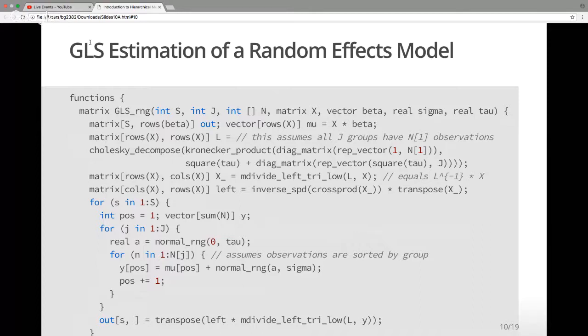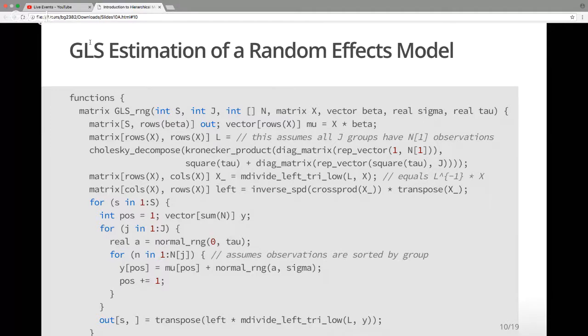And then we're going to fill in y as the corresponding conditional expectation based on that observation's x's, plus a draw of the error from a normal distribution with expectation A and standard deviation sigma that we passed in from the outset. So that will build up y for each observation in the Jth group.